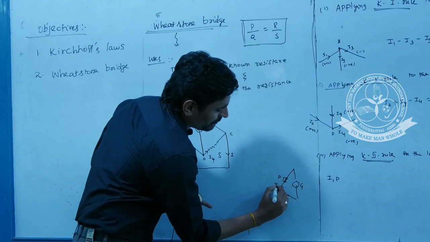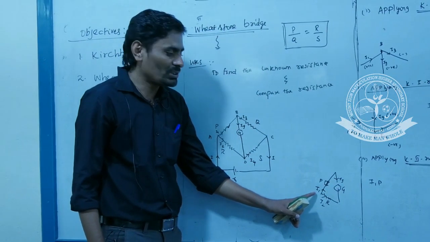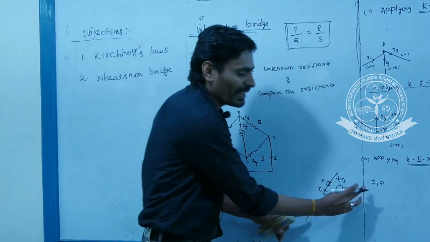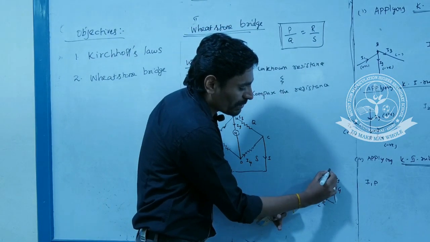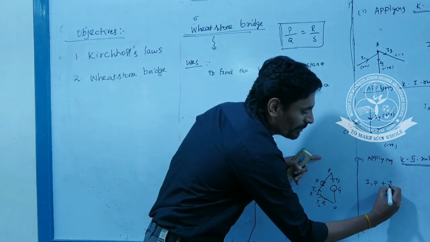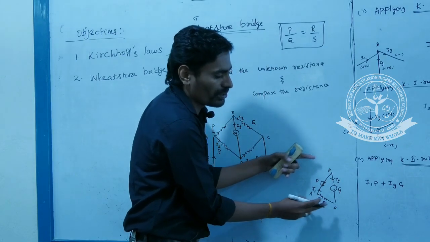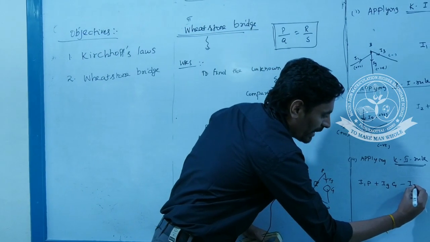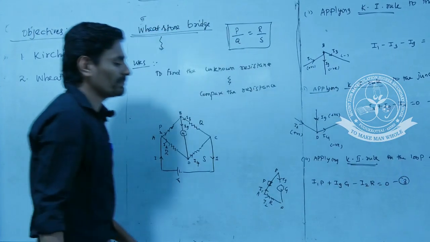This is I1, this is Ig. The current entering is taken as positive, so we write I1P. The current goes first A to B, then B to D, so we write plus IgG. Then going D to A, our direction is opposite, so we write negative: minus I2R equal to 0, equation number 3.